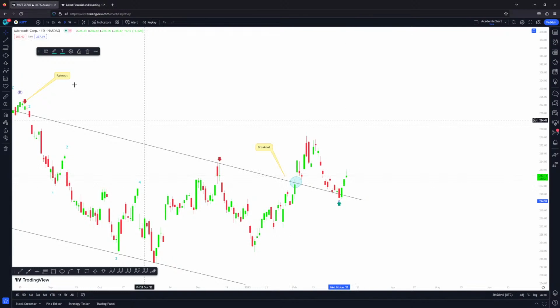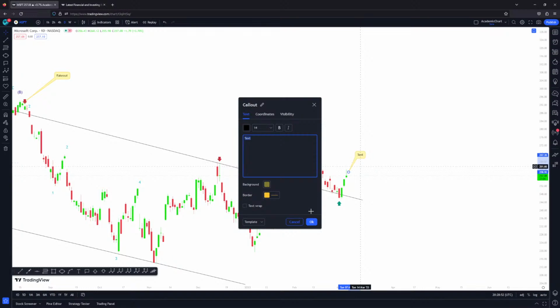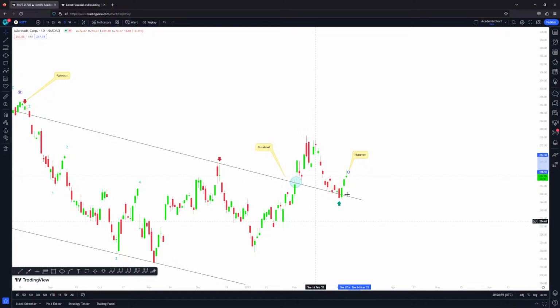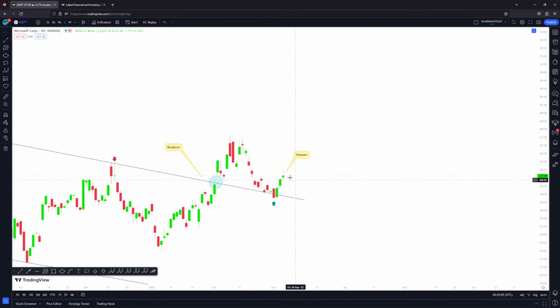This is a hammer. This is a candle pattern. I didn't talk about candle patterns today because I didn't find anything. But this looks like a hammer. It has a very short body close to the lower side of the candle, and it has a shadow or handle on the top.